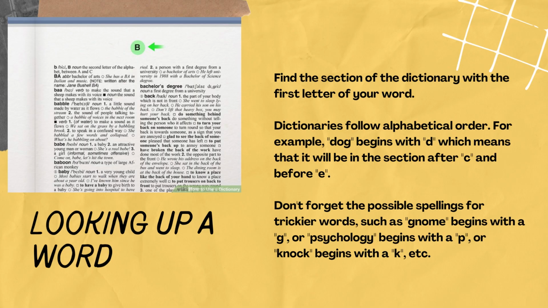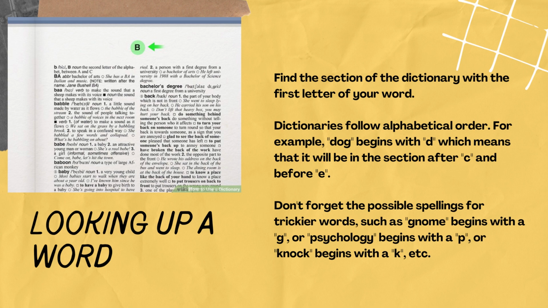Now, let's see how to look up a word. Okay, so first you have to find the section of the dictionary with the first letter of your word. If your word begins, for example, here with B, you look for the B section of the dictionary. So dictionaries follow alphabetical order, as I told you at the beginning.